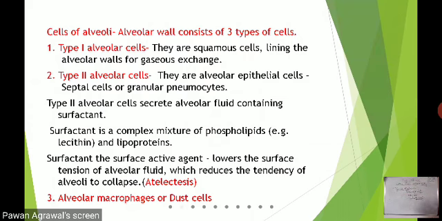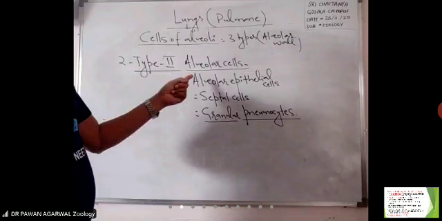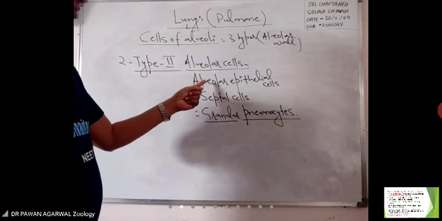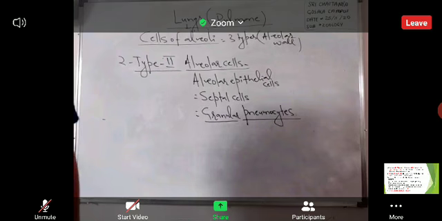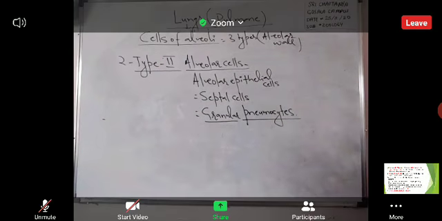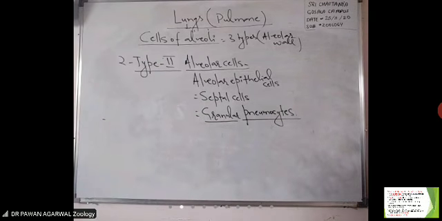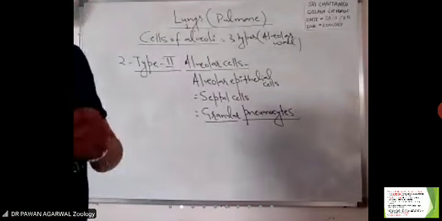So type 2 alveolar cells are also known as the alveolar epithelial cells, the septal cells, and the granular pneumocytes, not leukocytes.